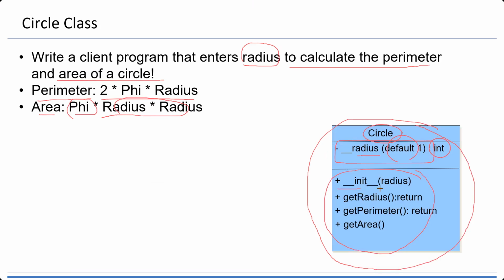For the constructor, you can input the radius. If the radius is not available or empty, then we will use the default, which is 1. But if you input any value, then it will give you the value based on the input. And then you will have 3 methods: get radius, get perimeter, and get the area.